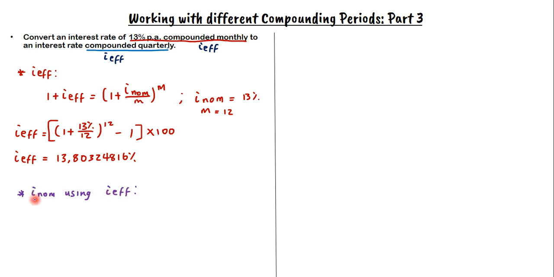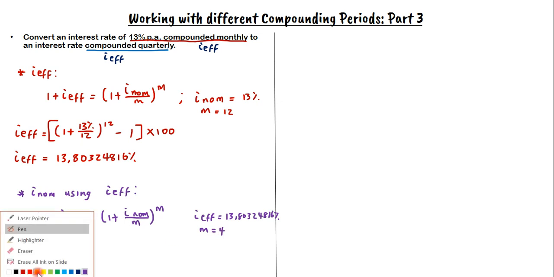Let's go ahead and do that. 1 plus I effective is equal to 1 plus I nominal over M, to the power of M. We see that I effective is 13.80324816%, and M now, being quarterly, is 4.